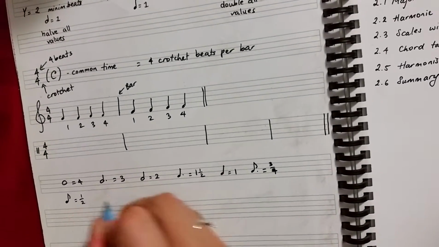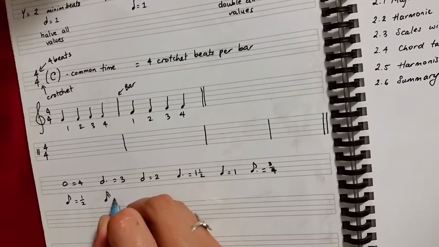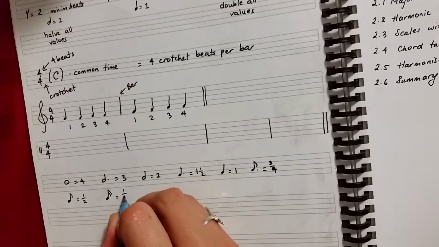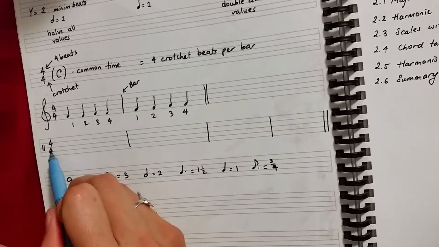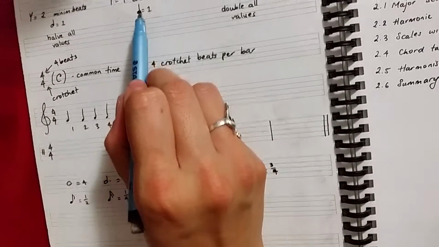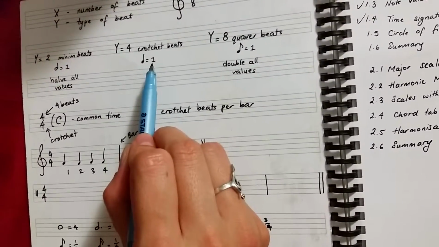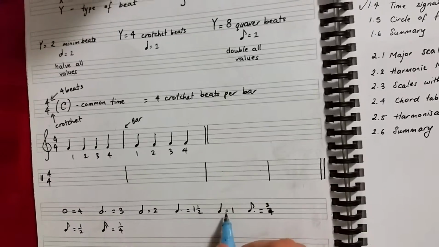Quaver is worth half, and the semiquaver is worth 1/4. That's because we're using crotchet beats where the crotchet equals 1. Okay, so that's 1 beat.